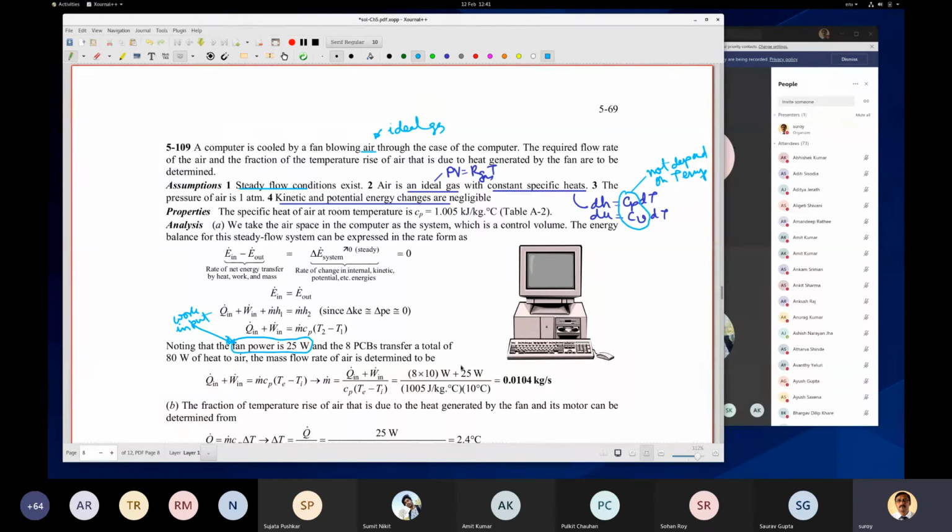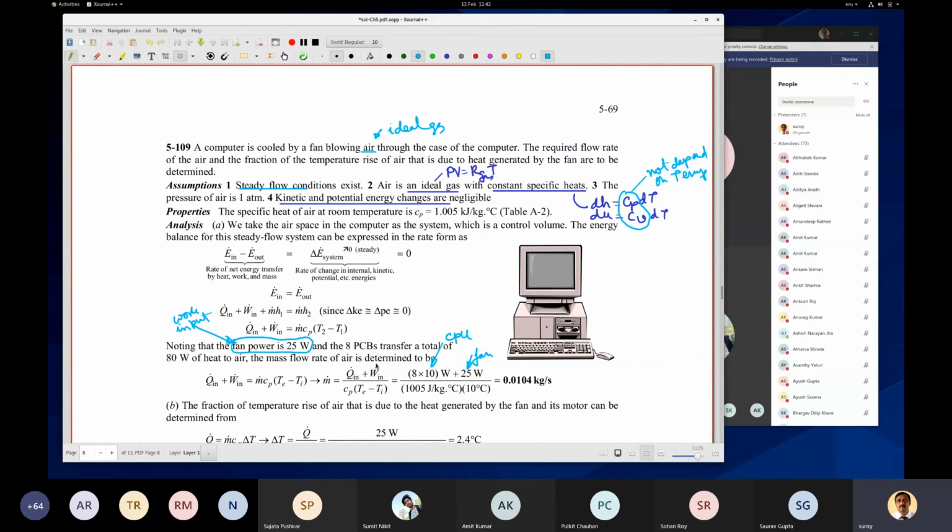So this is for fan power, and this is for CPU, 8 chips or whatever. CPU is there and also the fan. So this is the work in and this is the Q in, work input, Q input. Normally we write it so that it is work output, so then we write minus Q minus.